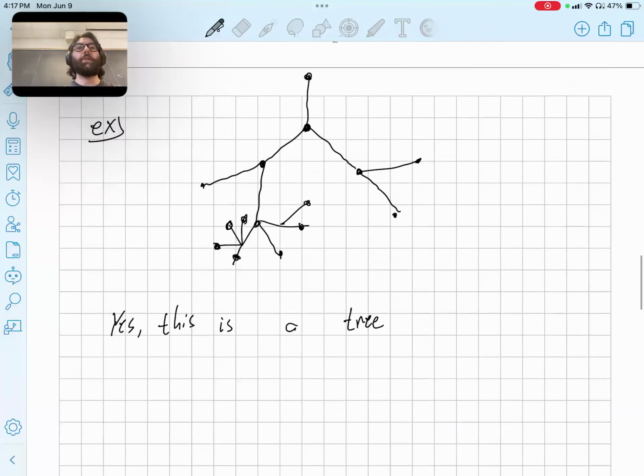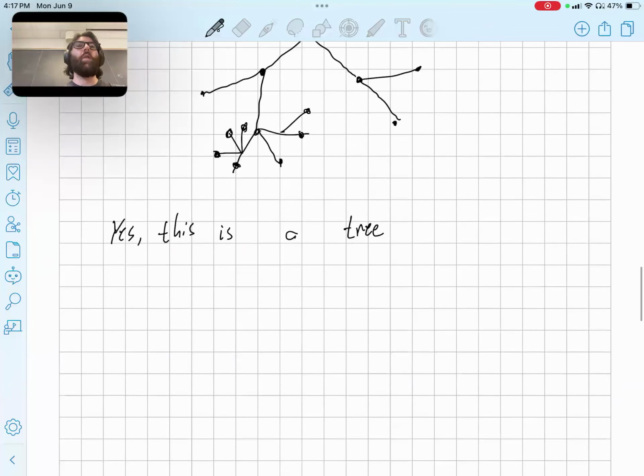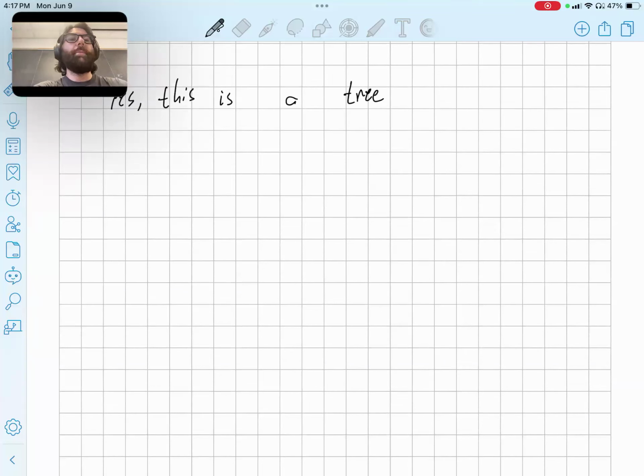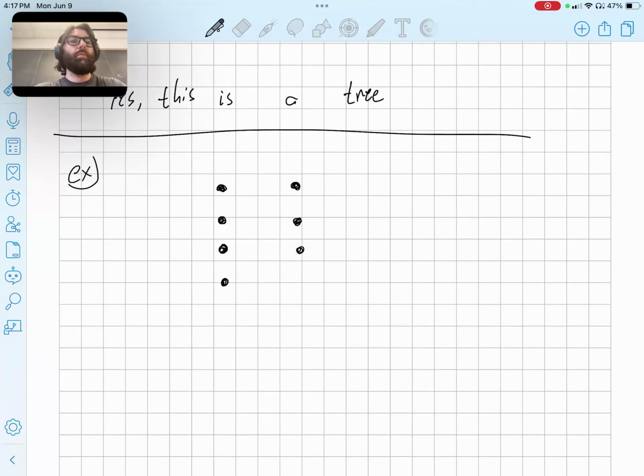Determining if a graph is a tree is not always super easy. For example, if I draw something like this, is this a tree?